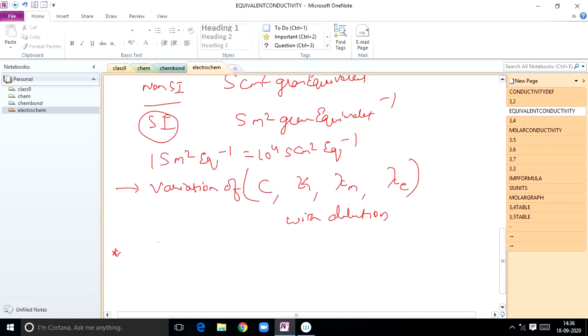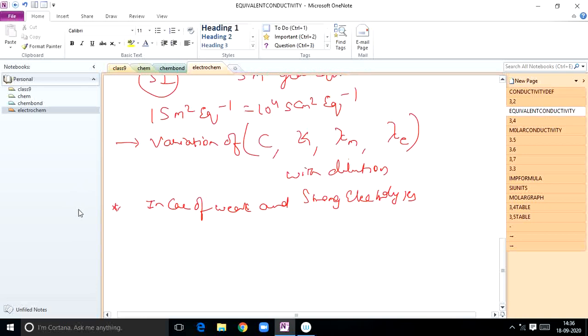In general, different electrolytes are there, weak electrolytes and strong electrolytes. In both cases you can take: conductance, equivalent conductance, molar conductance.